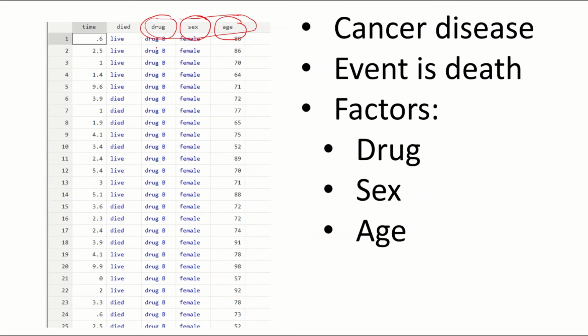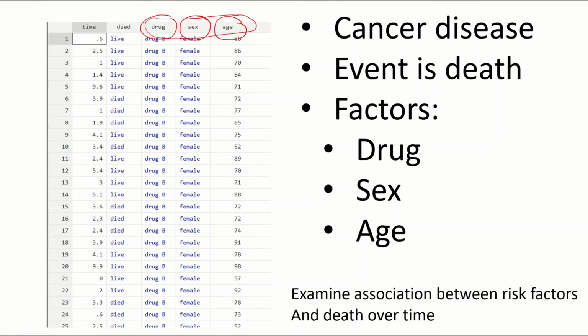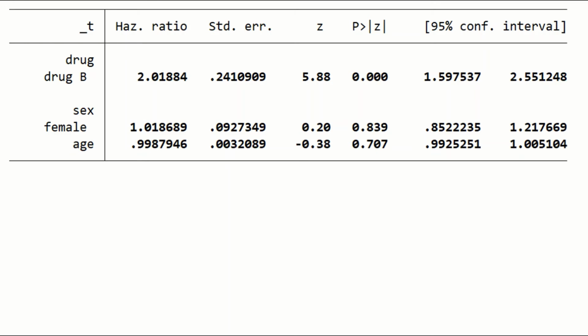So we have here 2 categorical or binary variables and 1 continuous variable. To examine whether there is an association between all of these risk factors and death over time, whether taking drug A or drug B, or being male or female, is associated with death over time, Cox hazard regression will be performed.